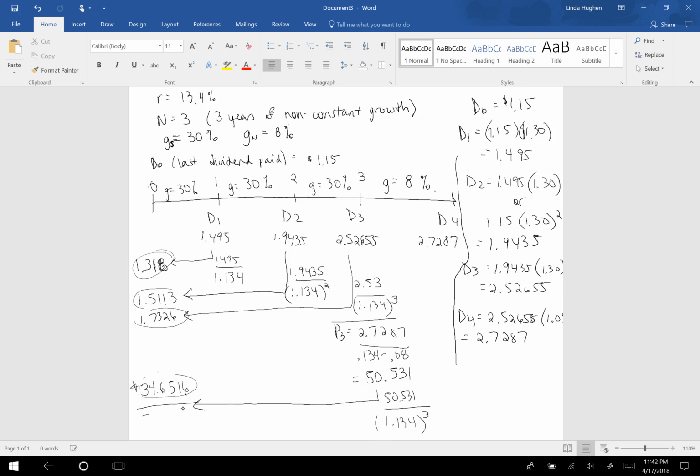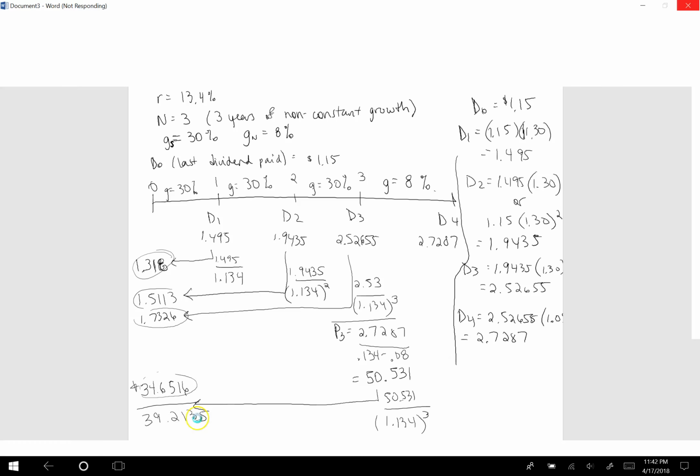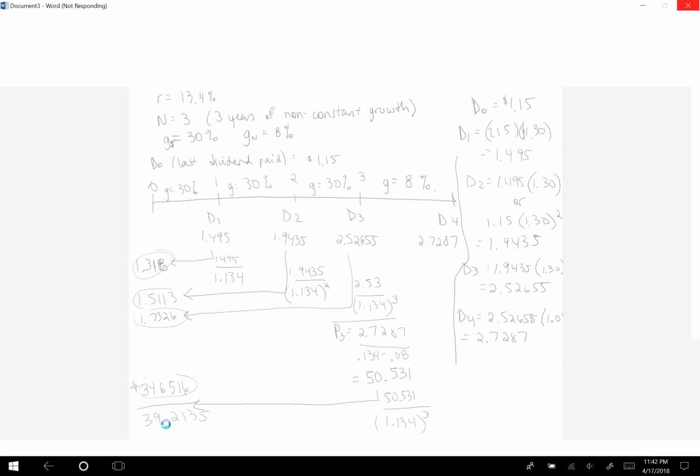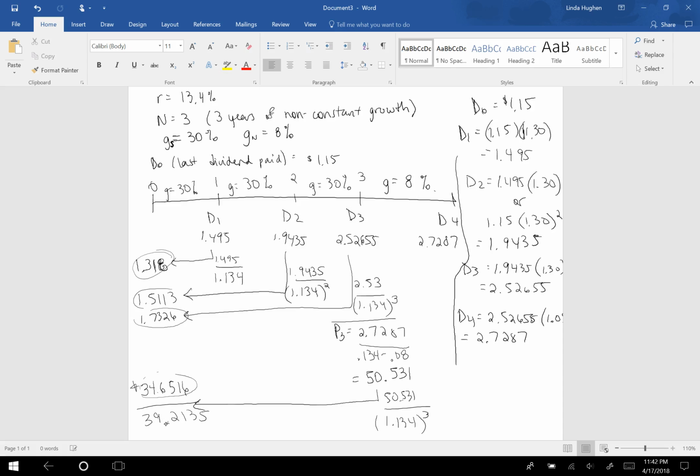Add all these, get $39.2135. And this is our present value of the stock. And even my computer can't handle all of this math. Here we go. Here's our present value of this non-constant growth stock, $39.21.